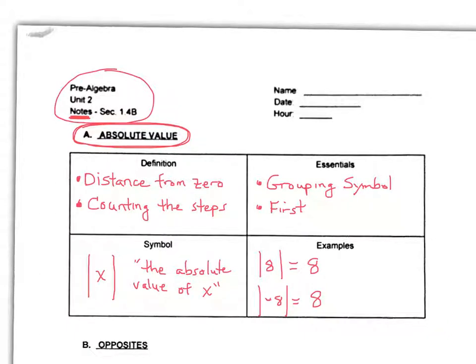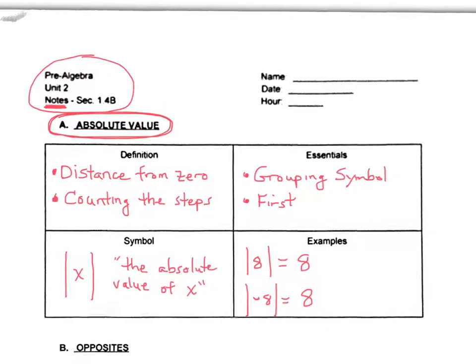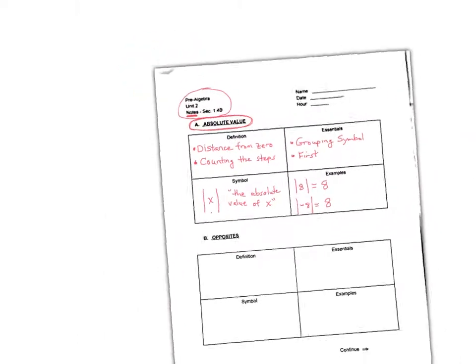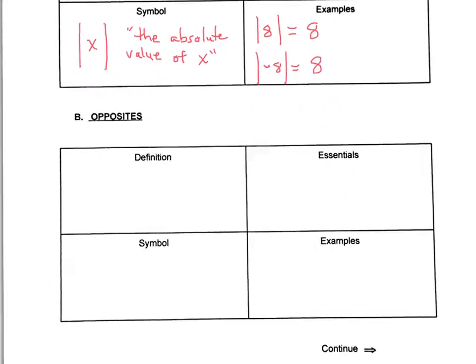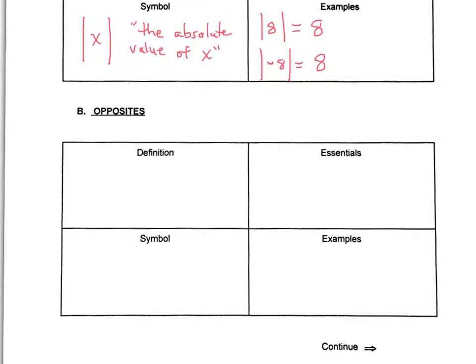So that was absolute value. Next is opposites. Let's circle that, opposites. It's the second major topic here. First, the definition.